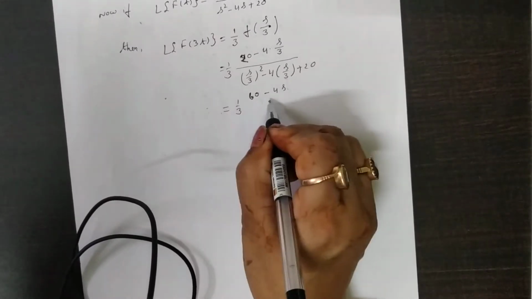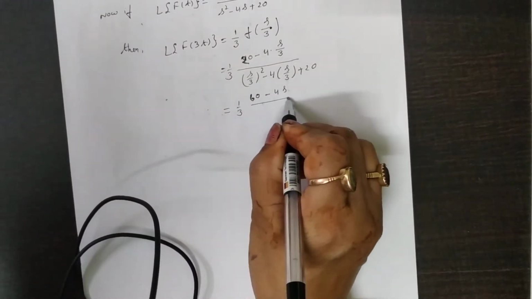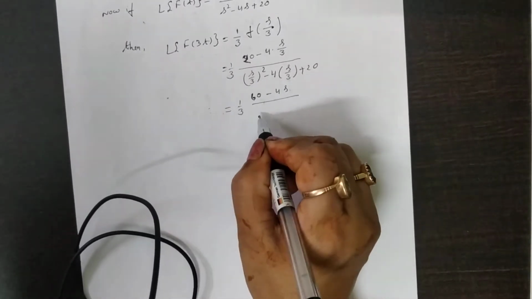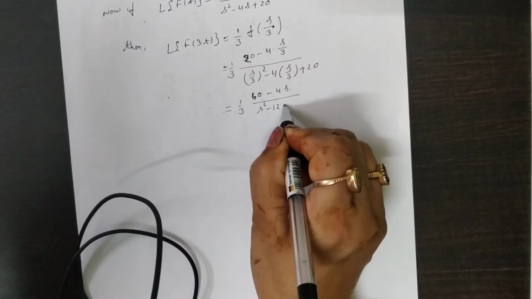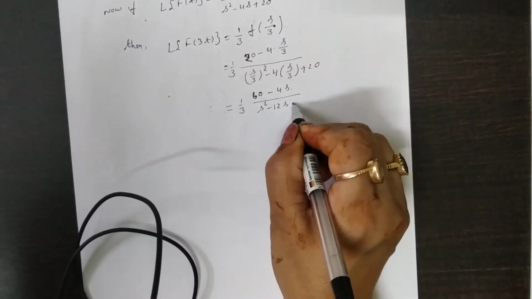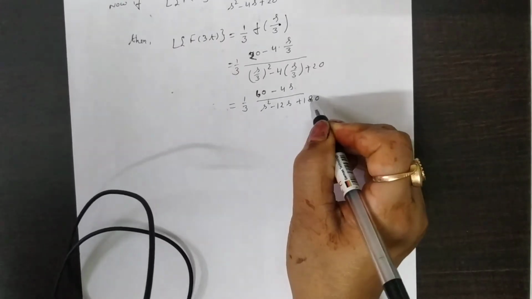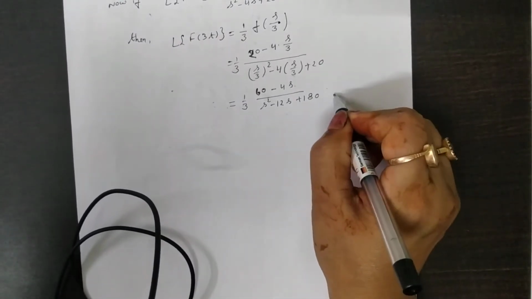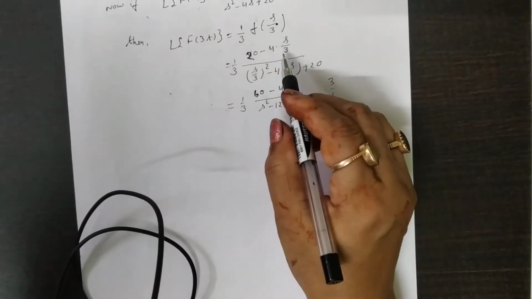Divided by 3, you can solve with this, and this is also equal to s square minus 12s plus 180, and this by 1 by 3, that 3 square, 3 is cancelled out.